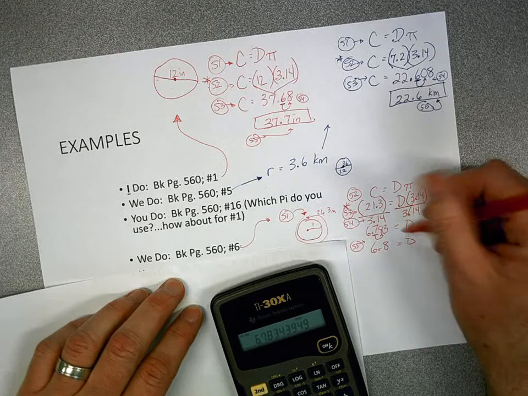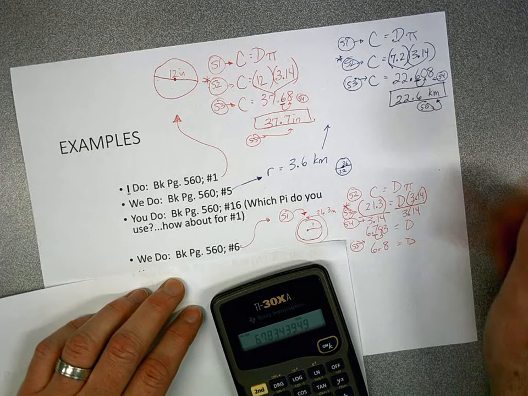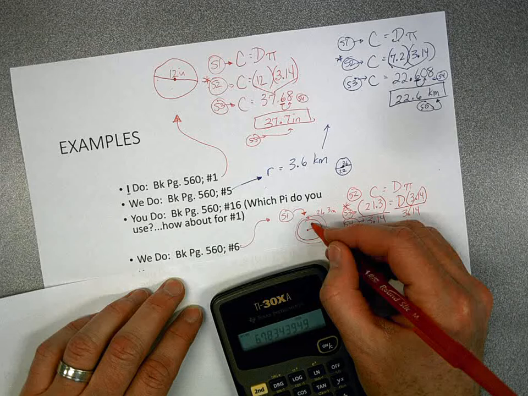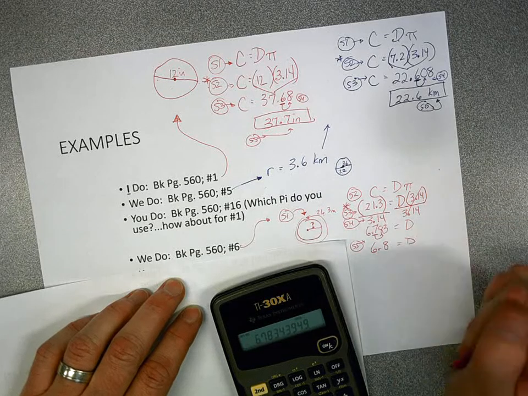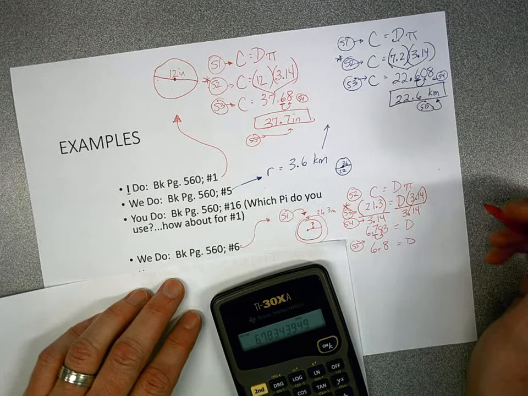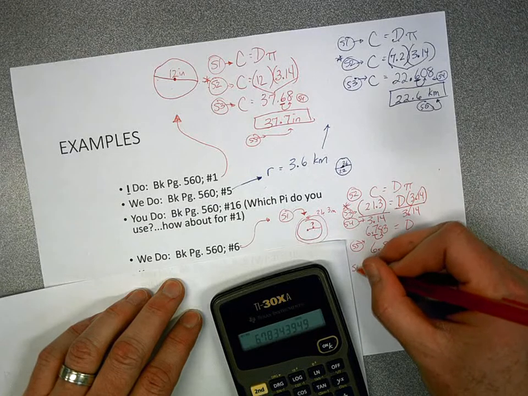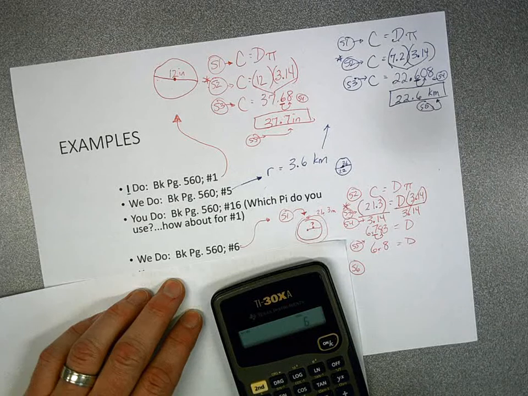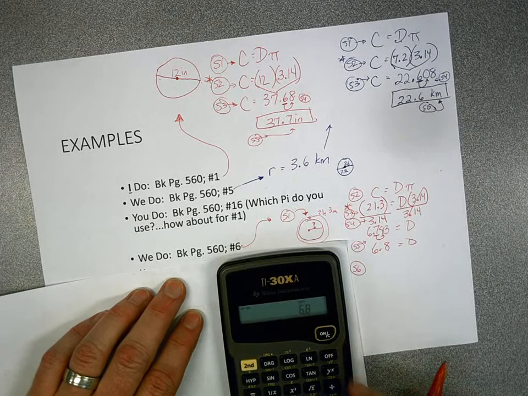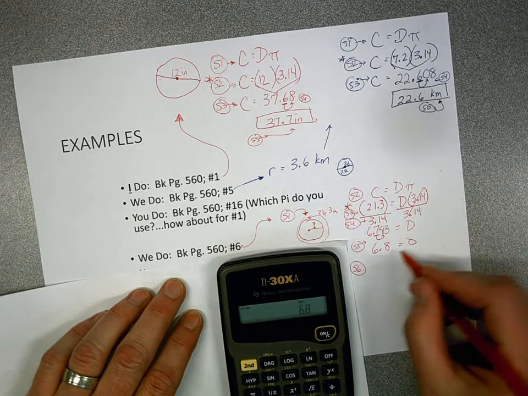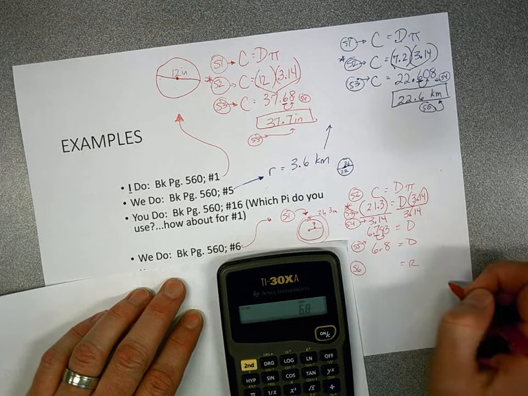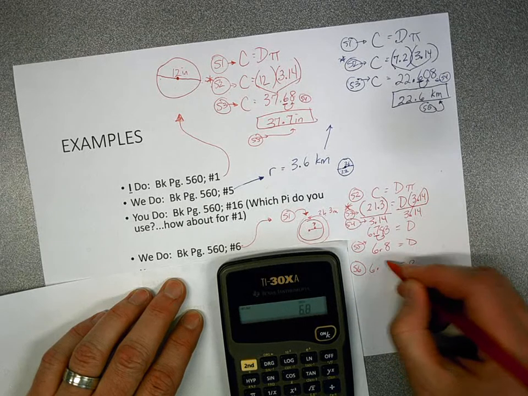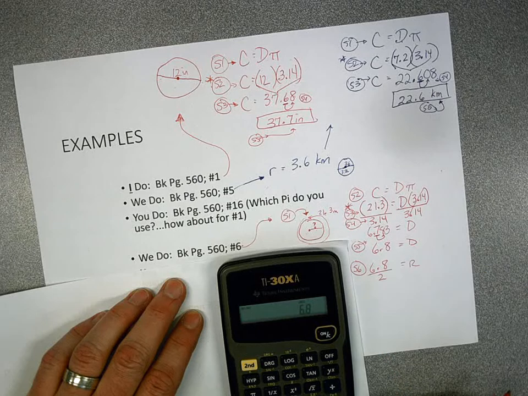Now, before I put units on, they are asking, if you take a look here, not for the diameter, they're asking for the radius. So in this particular problem, if the diameter is 6 8/10, to get the radius I take 6 8/10 and divide by 2, because the radius is half of the diameter.